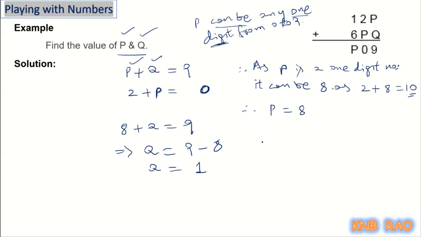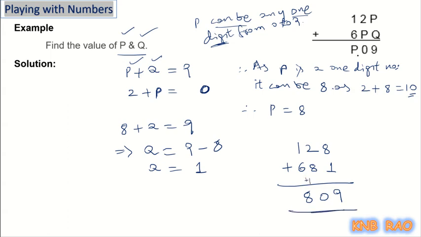Then what is the result here? 128 added to 681 gives you, we have 9, 0 and 2 plus 8 is 10. So, 0 comes here and 1 is carry. So, 1 plus 2 plus 1... 1 plus 6 plus 1 is 8.